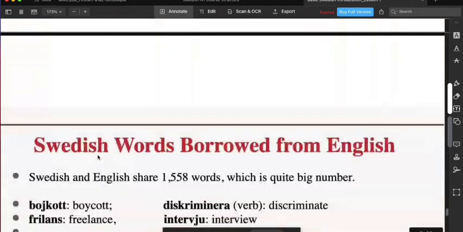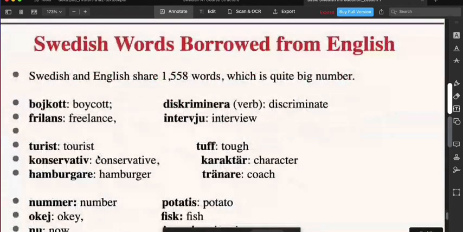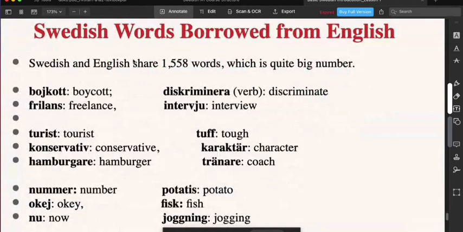And the last comparison is about vocabulary. More than 1500 words are borrowed from English in Swedish. They have same pronunciation. If you pronounce them, you would realize that I have maybe learned that particular word before. Boycott, freelance, tourist, conservative, and we have here hamburgare, nummer, okay, nu, discriminera, that means to discriminate.